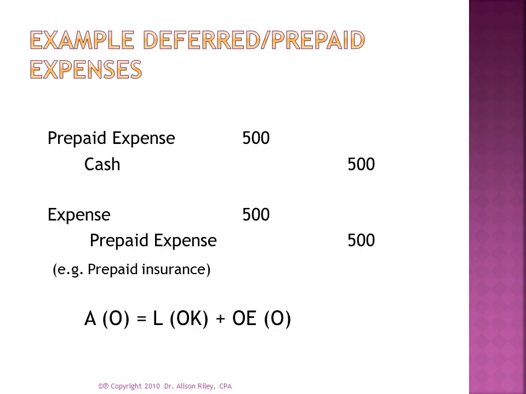As the asset becomes used up or expires, it is important that we make an adjusting journal entry to show the reduction in the balance of the prepaid expense and that some expense has now been incurred. If we fail to make this adjusting journal entry, assets, net income, retained earnings and equity will be overstated and expenses will be understated.